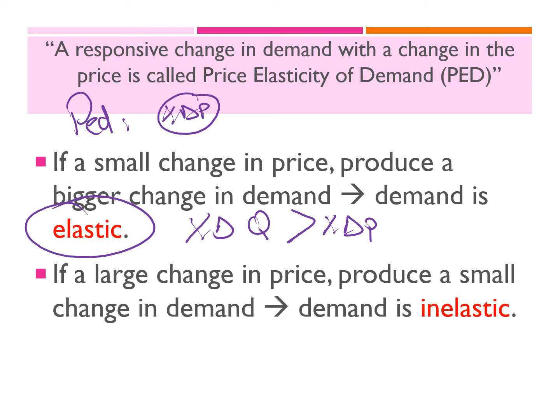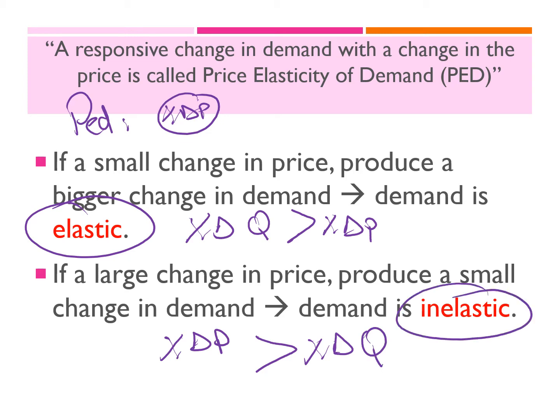So people were affected by that change in price. If the percentage change in price is greater than that of demand, I would say that demand is inelastic. It means that people were not affected by this change in price.